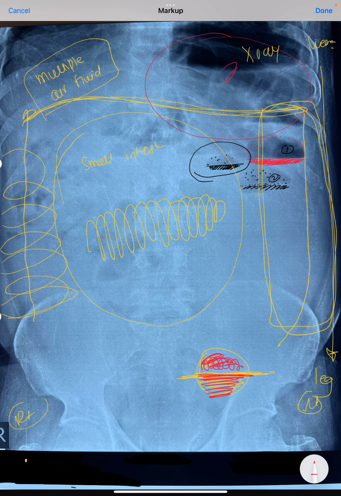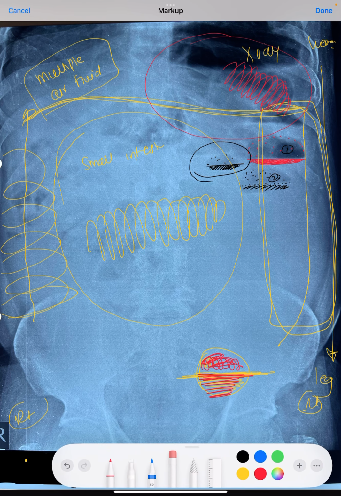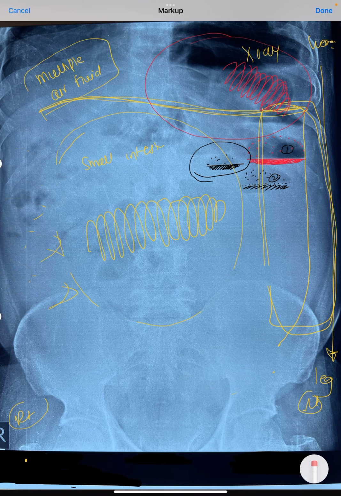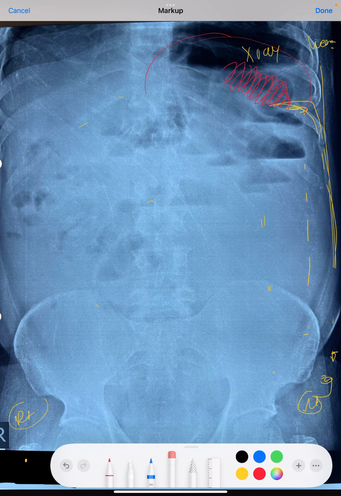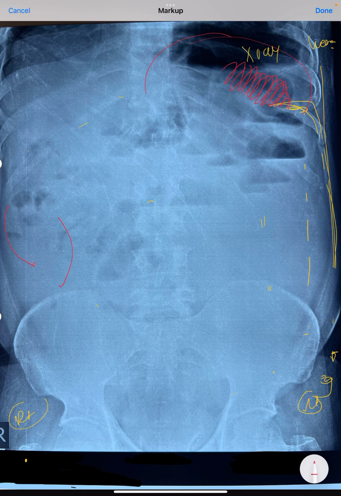This spring type appearance tells us this is small intestine, whereas the large intestine usually has haustrations. Haustrations means you don't have the spring coil type of appearance, but what we have is this type of anatomy. This we call haustrations, and this suggests large intestine and not small intestine. The spring coil appearance is seen in small intestine.